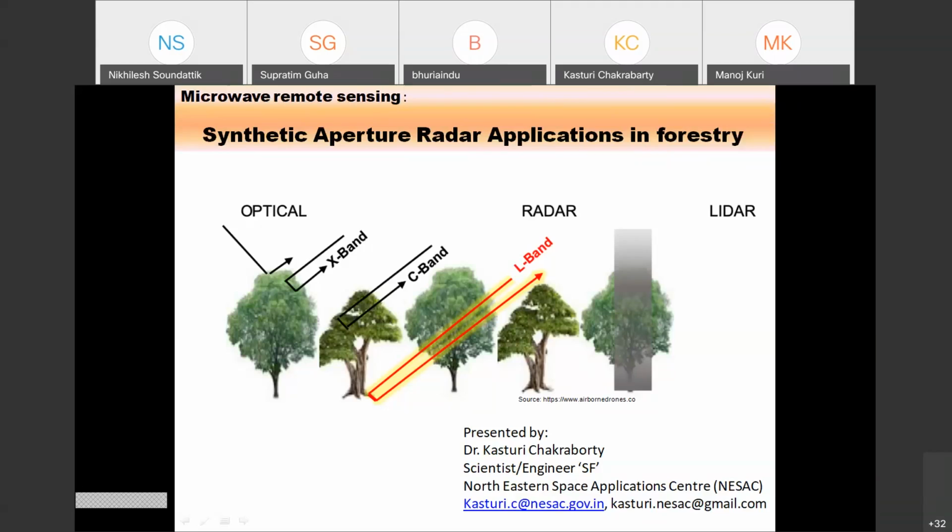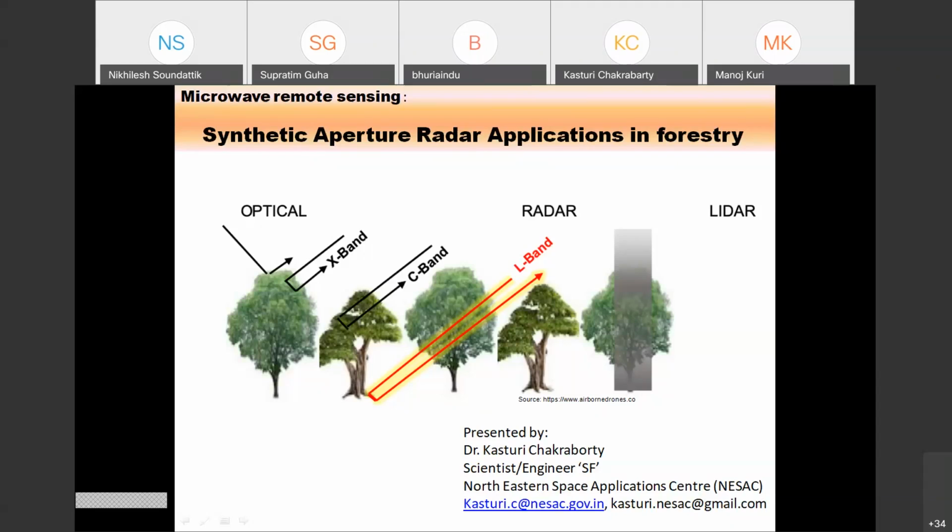Most of the studies are done using optical remote sensing, where much of the data is freely available, and the data analysis and processing are comparatively simpler than in radar and lidar.